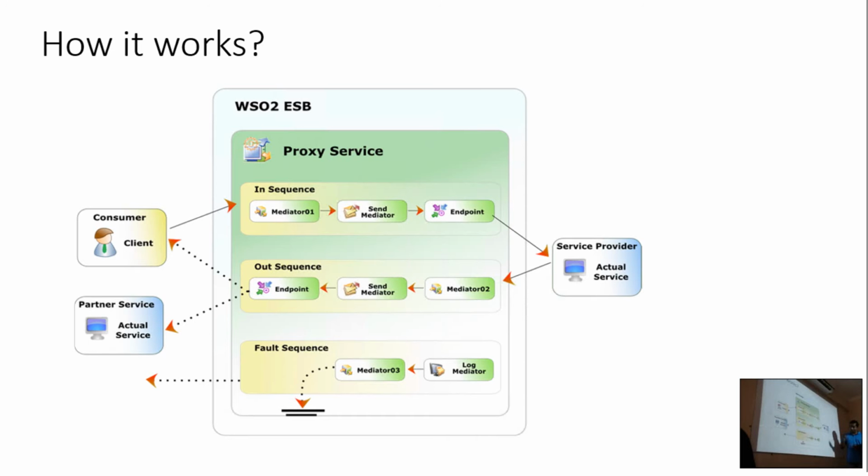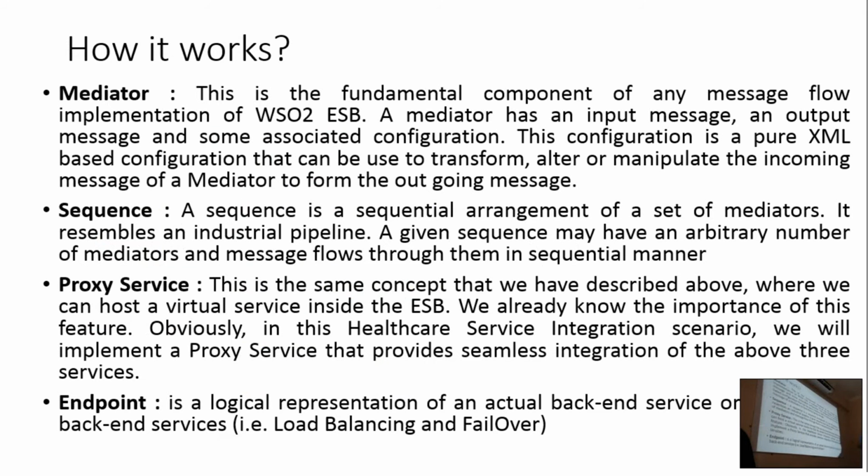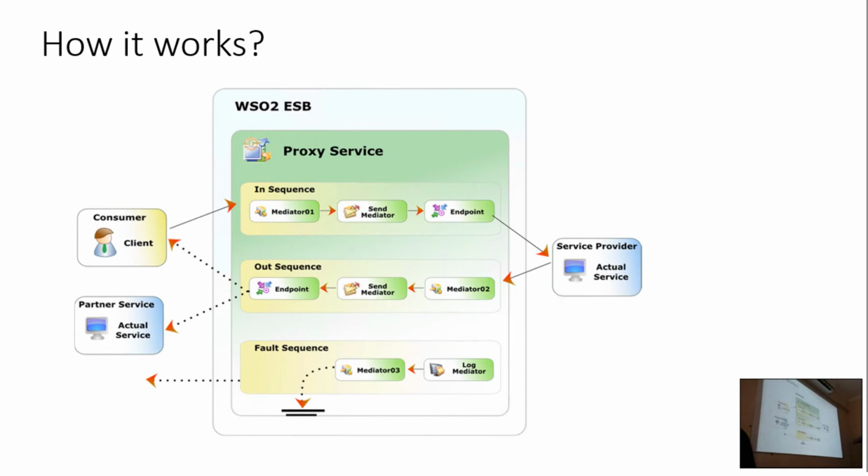Now since we talk about the endpoint, what is an endpoint? Here, an endpoint is a logical representation of your real service. If we take the previous example, it might be your actual service. Simple as that. Okay, what is a sequence? A sequence defines the pattern or the pipeline of the mediators.